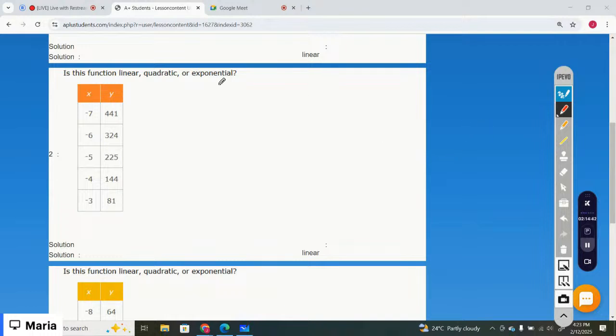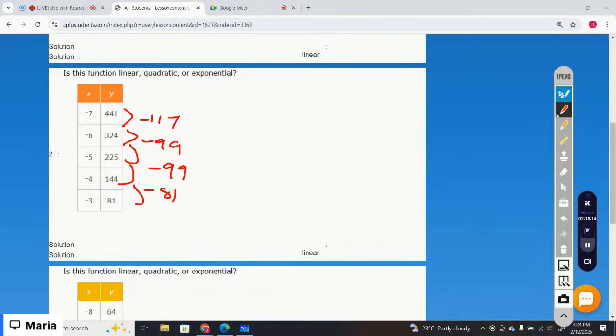324 minus 441, that is negative 117. 225 minus 324, that is negative 99. 144 minus 225, that is negative 81.